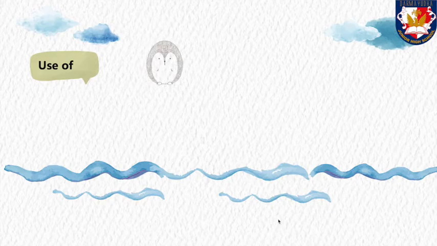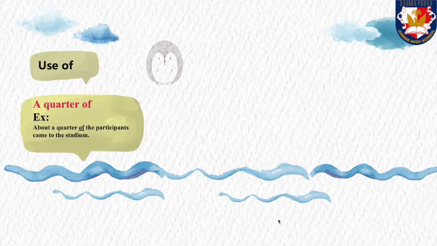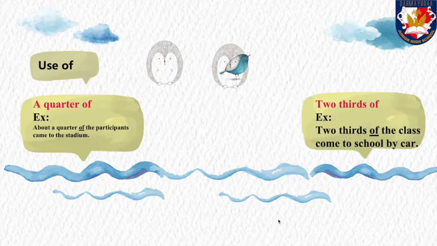We can use the preposition of if we find words like this. They are a quarter, so, a quarter of. In the sentence, we can see, about a quarter of the participants came to the stadium. The second word is 2/3.